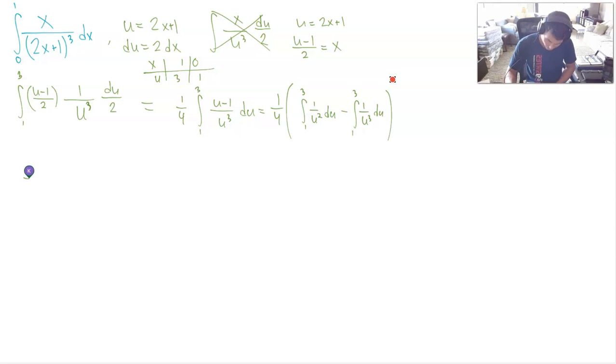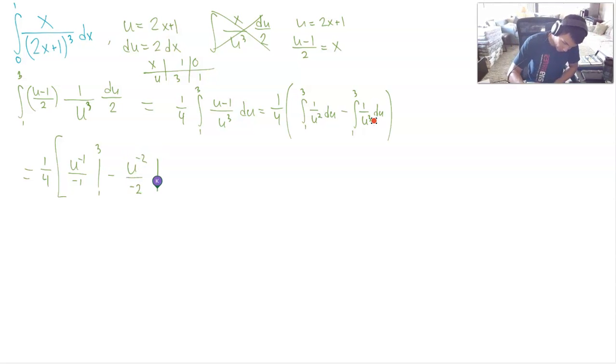Now you can actually start solving this problem. You see that this is equal to 1/4 times what? This is u to the negative 2, so it's going to become u to the negative 1 divided by negative 1, evaluated from 3 to 1, minus, and this is u to the negative 3, so it's going to become u to the negative 2 divided by negative 2, evaluated from 3 to 1.